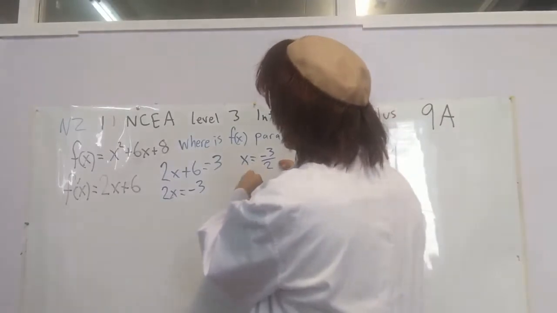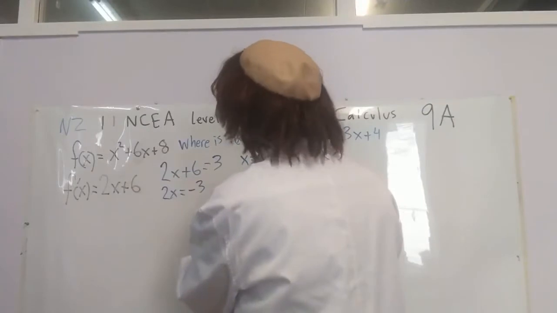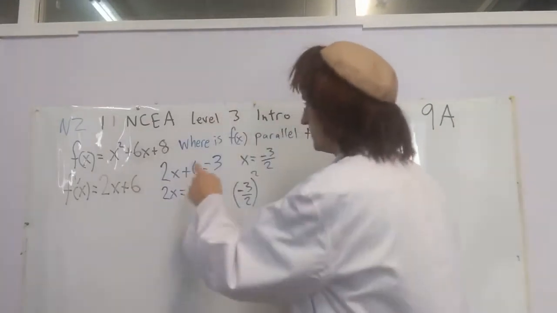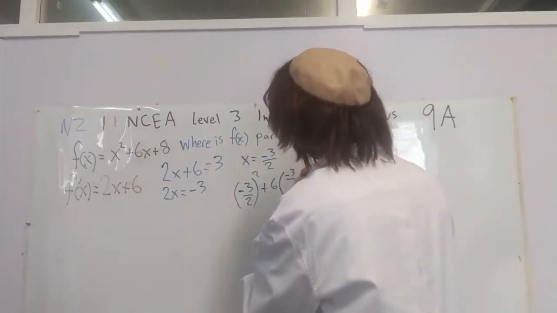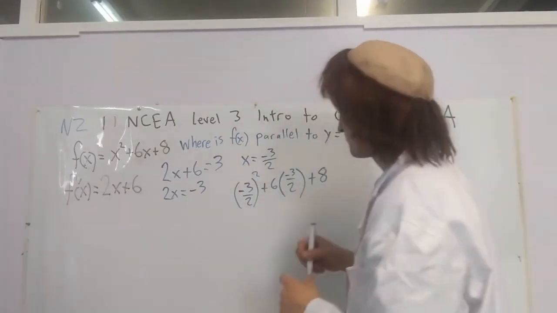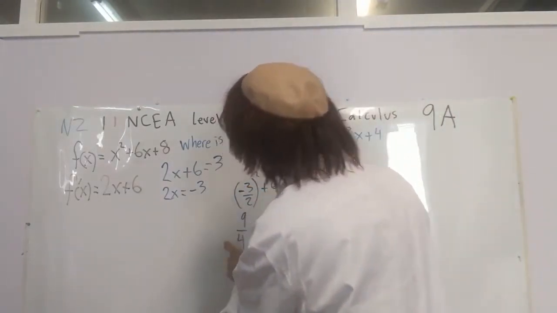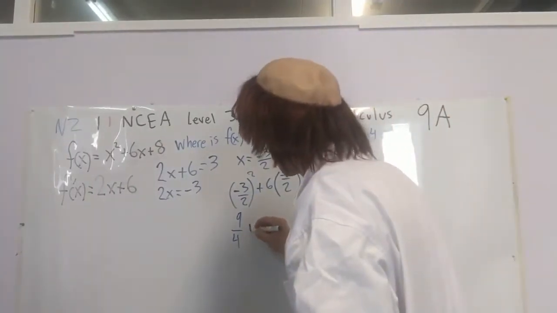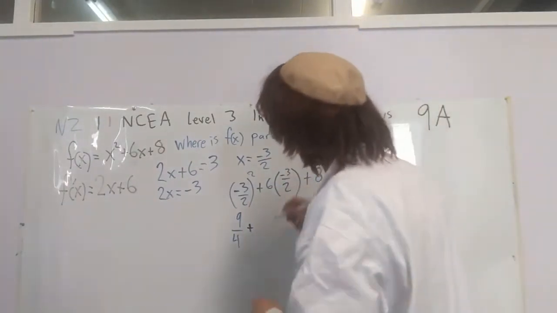Now we plug this into our f of x to find our y. So we'll get negative 3 over 2 squared plus 6 times negative 3 over 2 plus 8. This becomes 9 over 4. Negative 3 squared is 9, 2 squared is 4. Plus, this becomes negative 18 over 2.